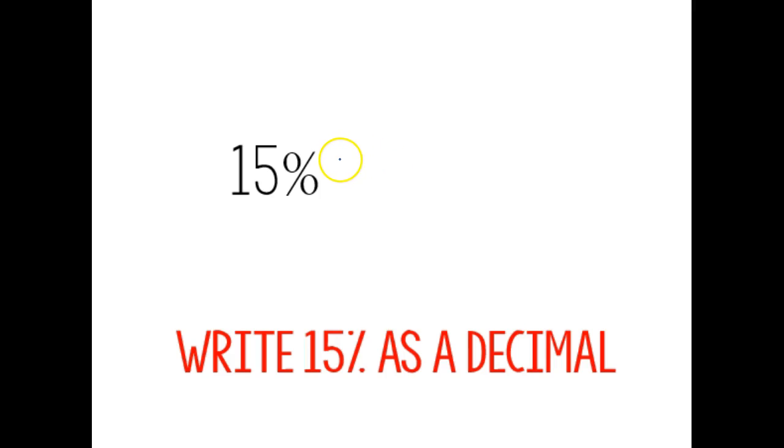Anytime that you write 15% as a decimal, we already know that this is 15 over 100. To write this as a decimal, we have 15 divided by 100. And what we can do is we just move that decimal place 2 places to the left. So 15% is equal to 0.15.